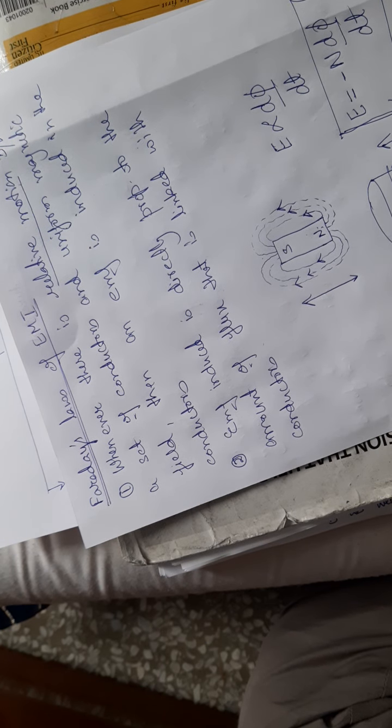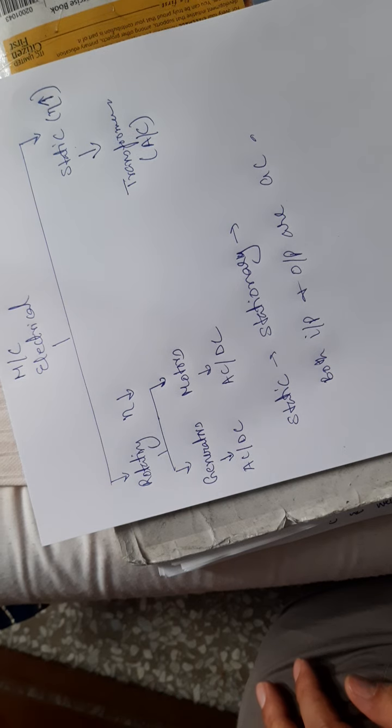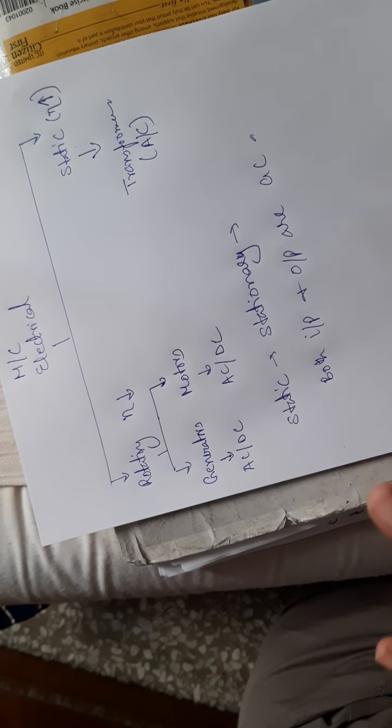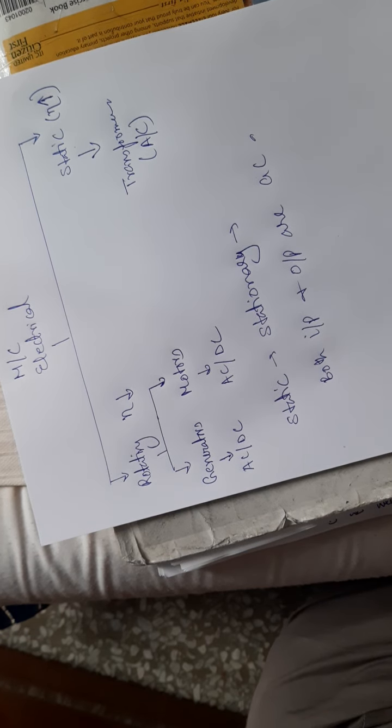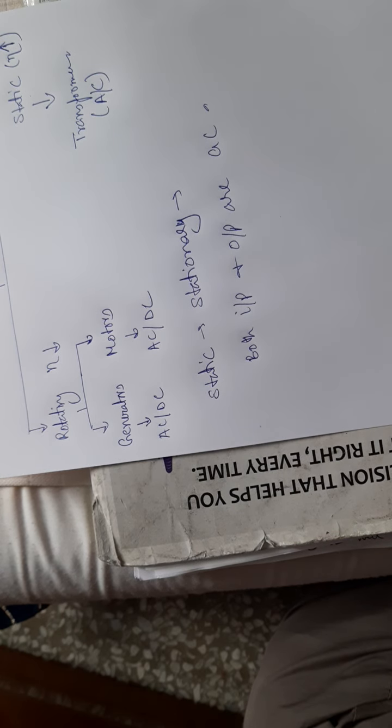Faraday's law of electromagnetic induction: relative motion between the field and the set of conductors, and the EMF induced is directly proportional to the rate of change of flux. Got it? Then I told you the transformer is a static equipment, so it will have higher efficiency. It transforms the power from one voltage level to another voltage level, and from one circuit to another circuit, but it will not change the frequency. In case of DC, frequency is 0, so a transformer will not work on DC, it will work on AC only.